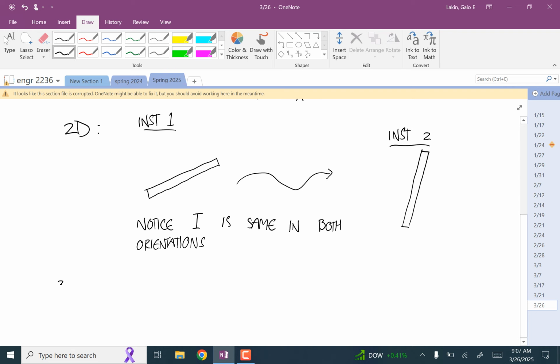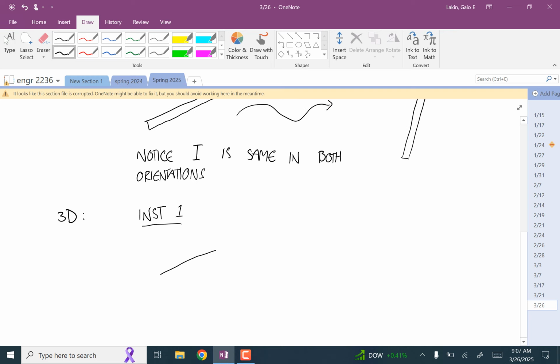In 3D now, there's a whole different set of motions that are allowed. So let's say at instant 1, we have an object like this. And at instant 2, we have an object like this.